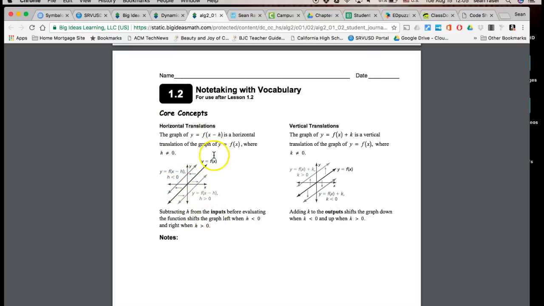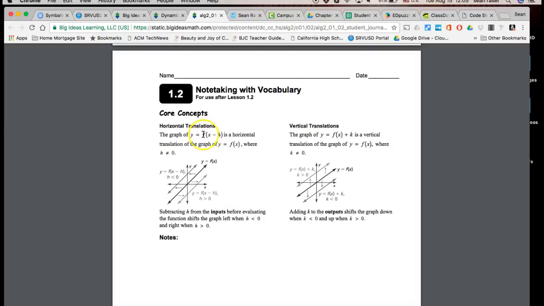Now, h is just a number. Remember, x is the input to our function. So when we have f of x, whatever value we put inside here, that's the value we put in as our variable to evaluate our function.